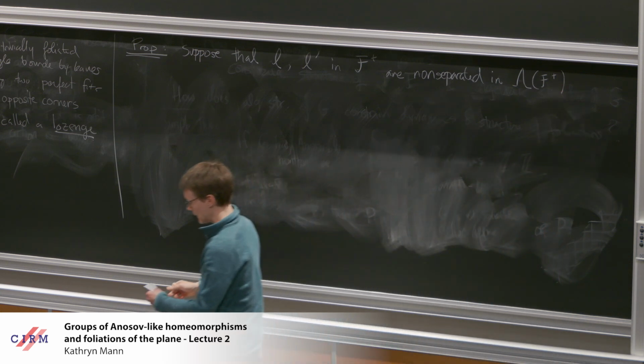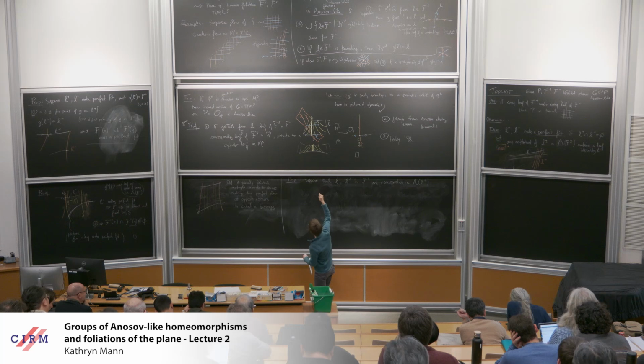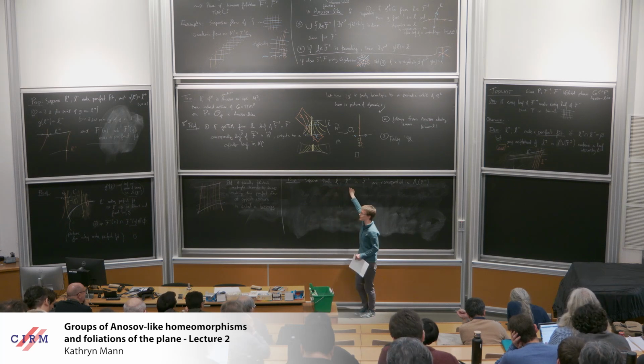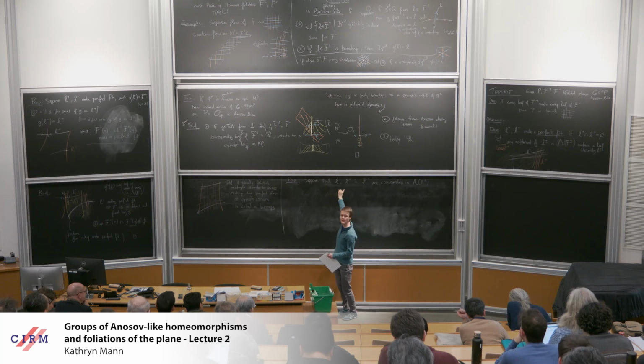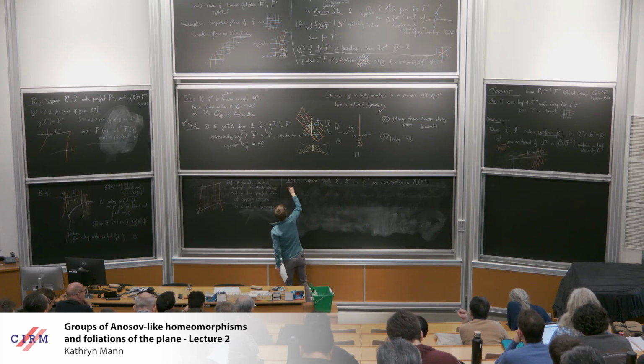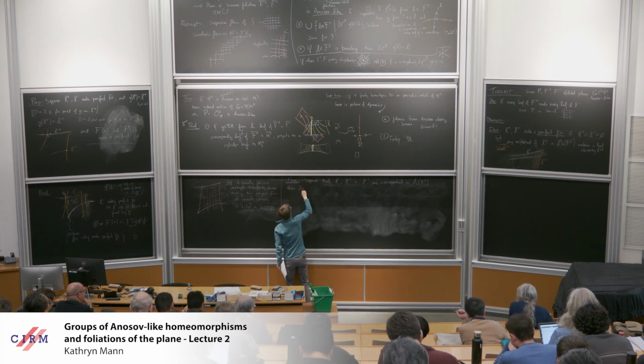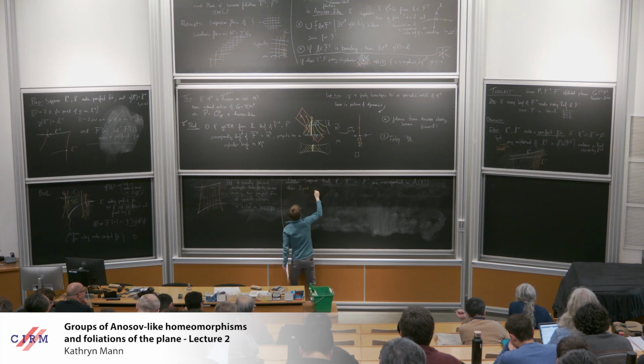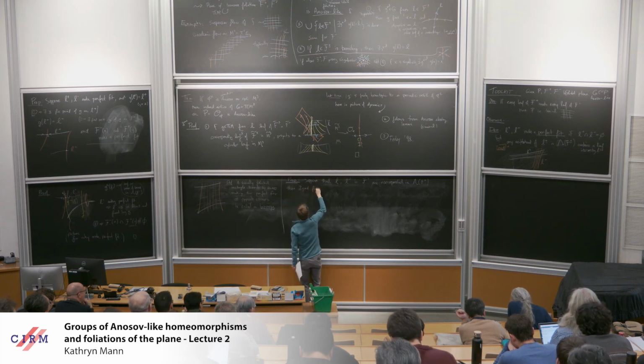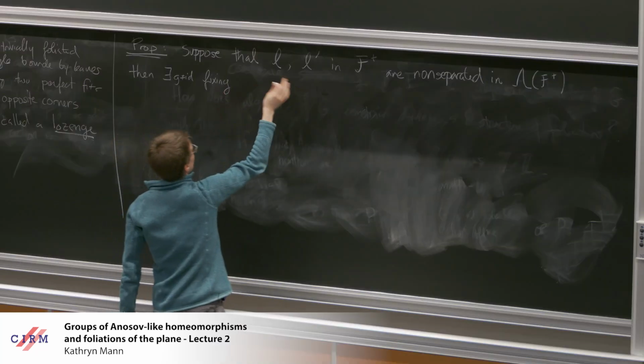The third axiom says that for each one of these, I have some element of my group that fixes it. The assertion here is that actually it's the same element. So then there exists a non-trivial element of your group fixing, not pointwise, but fixing both.